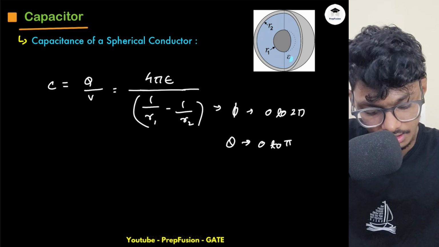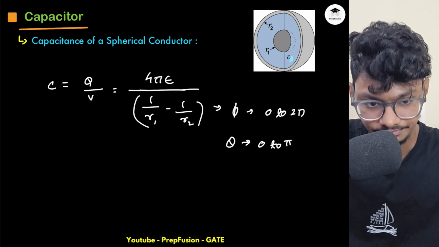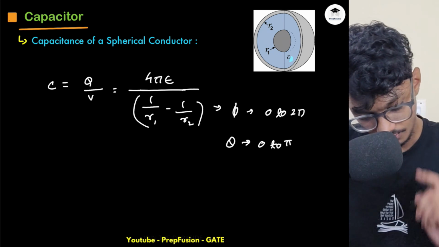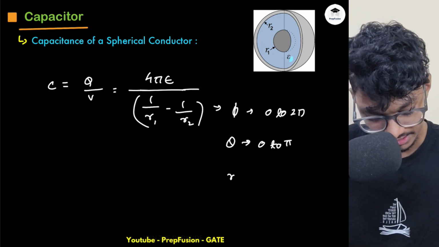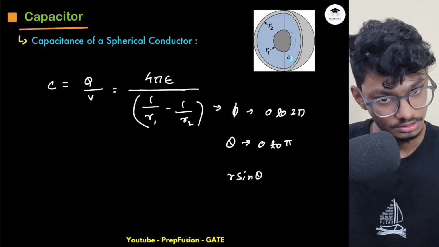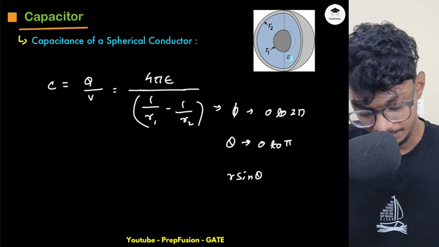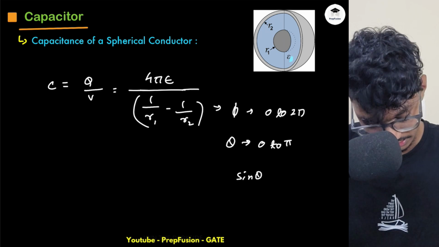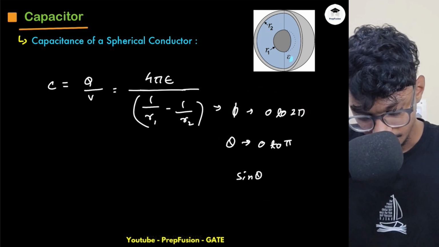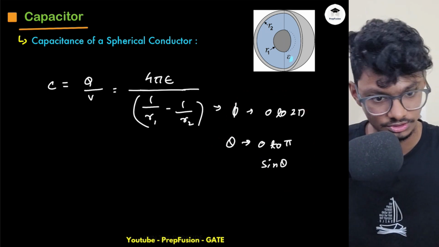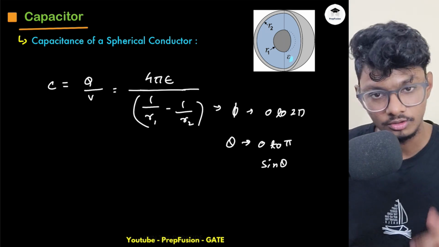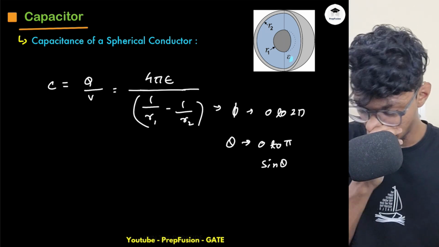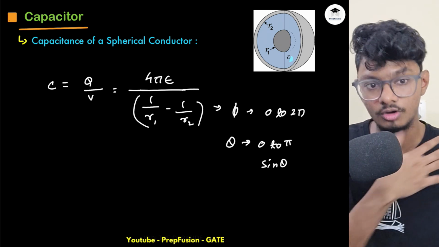And one other thing you have to remember is that with theta there is r sine theta, and with phi we have only 0 to 2 pi. So these things you remember: with theta you will always write sine theta, and with phi it will be from 0 to 2 pi. I know it is difficult to remember, but you have to if you want to get a good rank. Now there can be variations along a few directions.